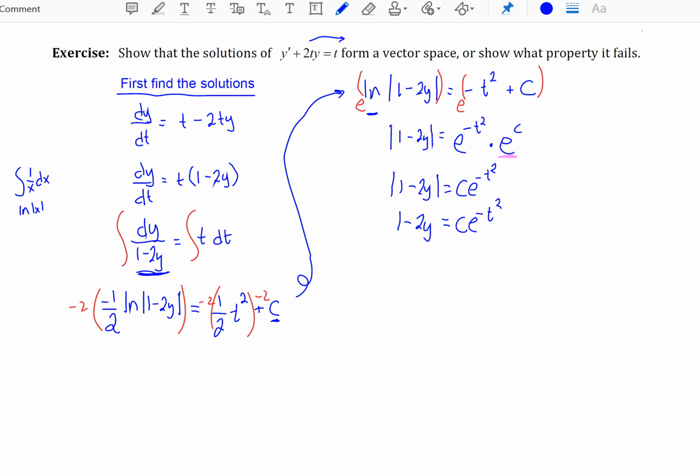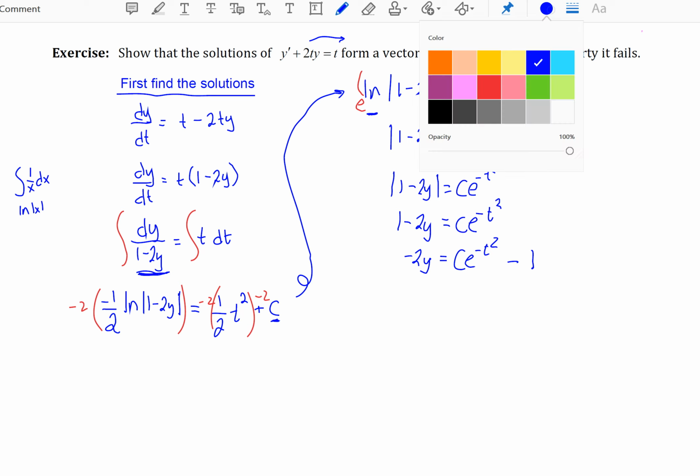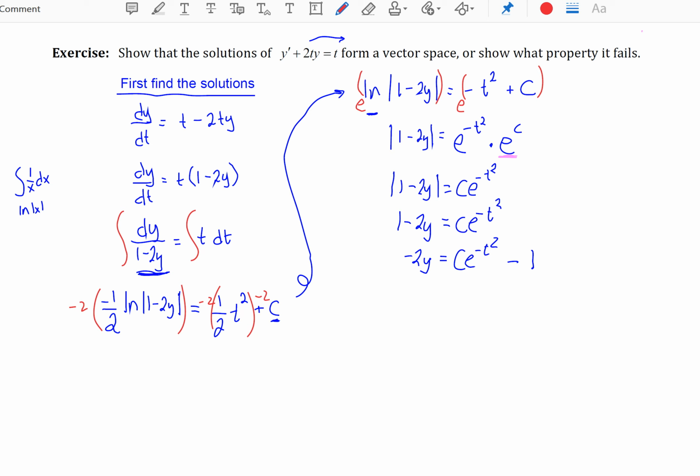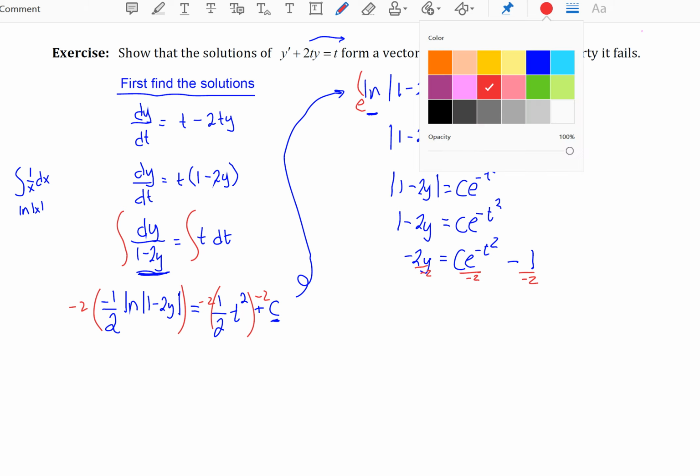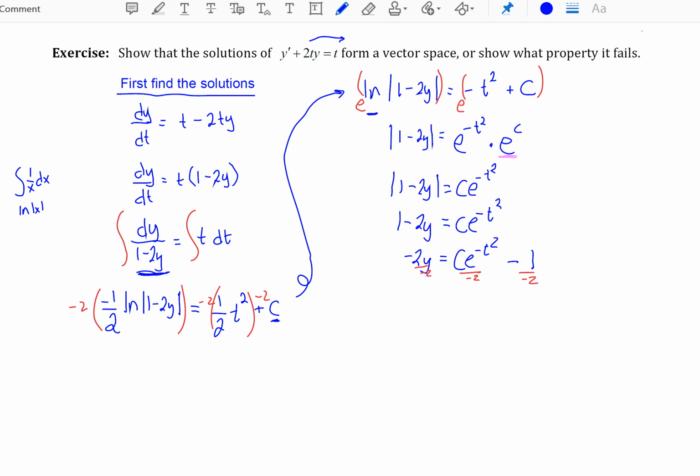Now subtract 1. And then we can divide everything by -2 to get y equals, now recall, if c is some constant, c divided by -2 is still some constant.